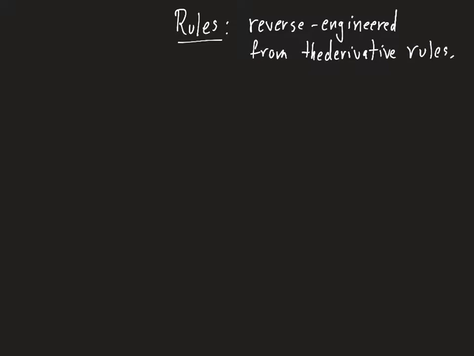And what I mean by that is that if we're trying to do the opposite process from taking the derivatives, then all of our rules are going to do the opposite thing from what the derivative rules were doing. And the very first one in which you can see this is the power rule.